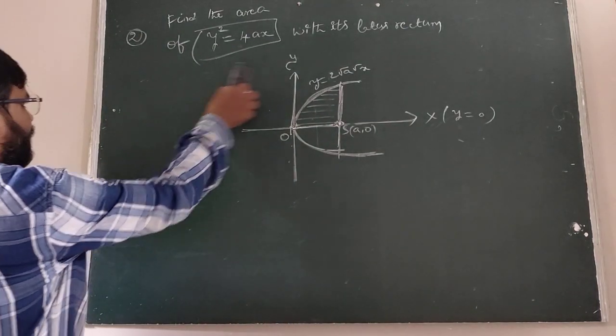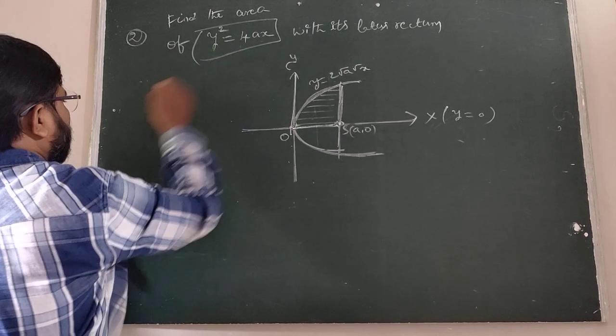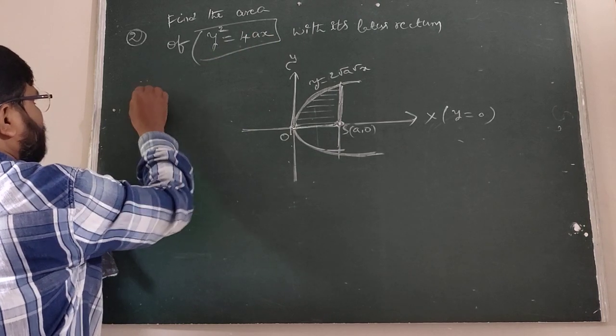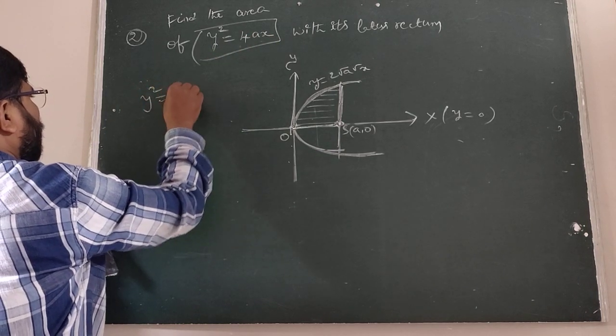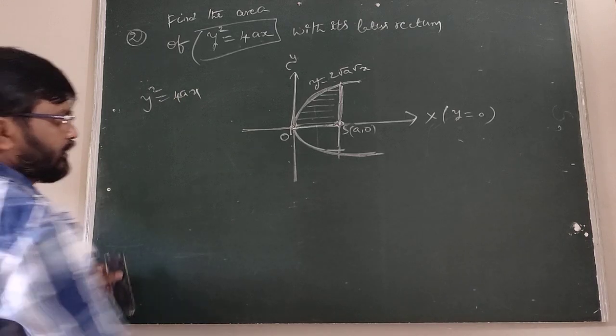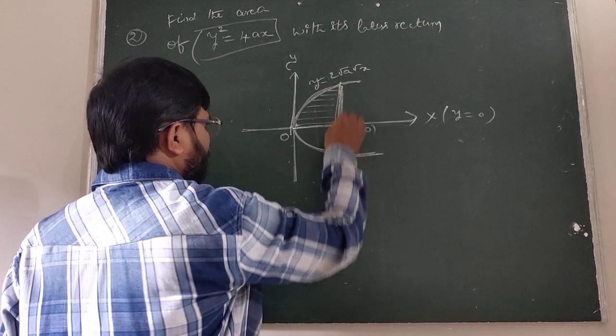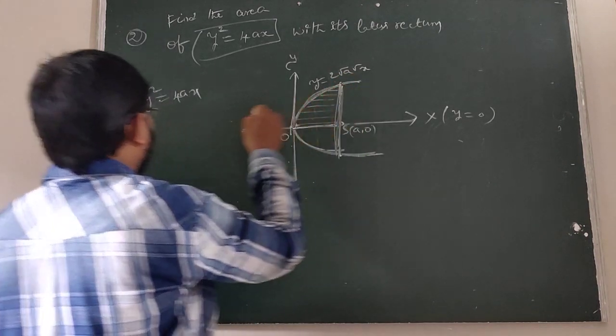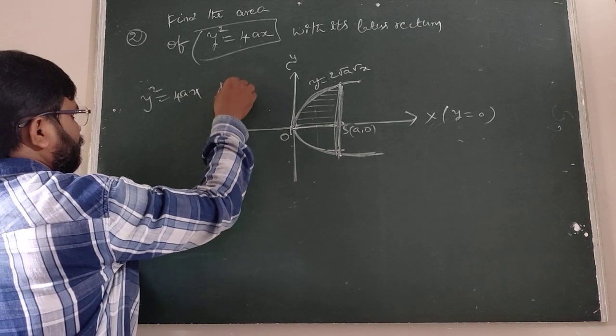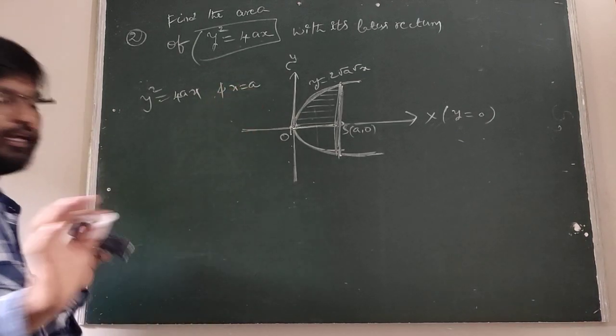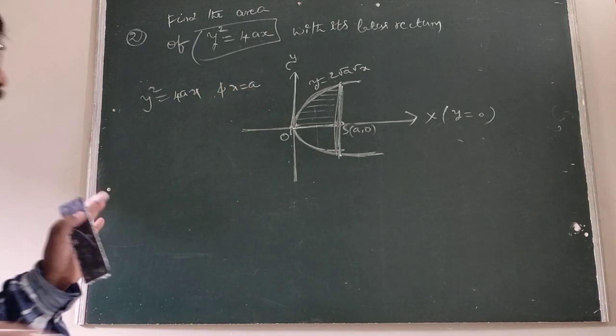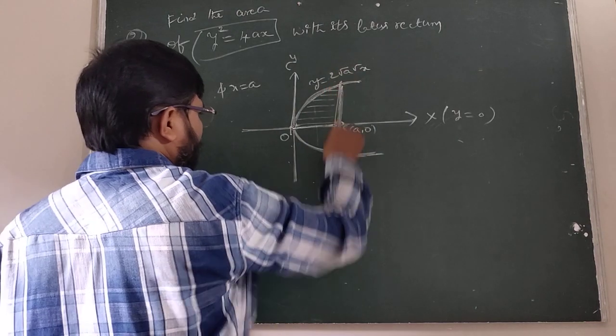Suppose we are taking here y square equal to 4ax. This is the line, all of you listen. This is the line x equal to a. We don't take boundaries, just listen. We have to take the line x equal to a, this one.